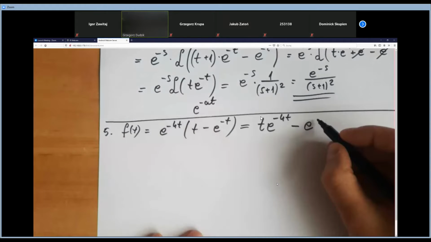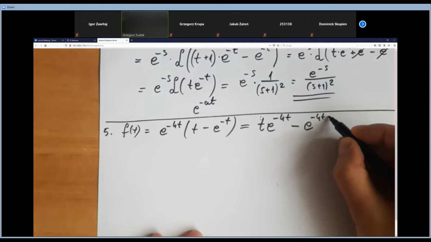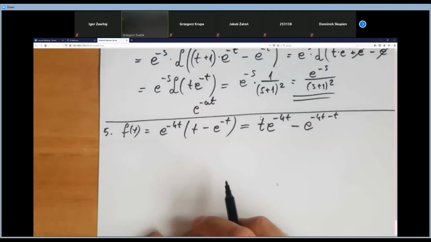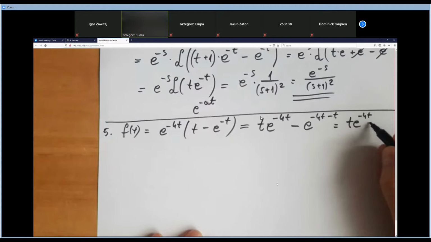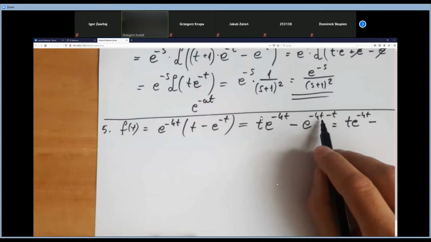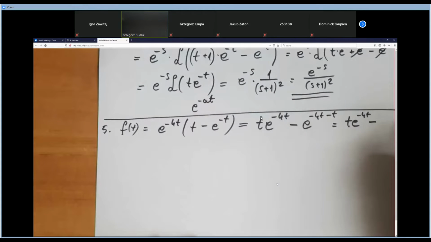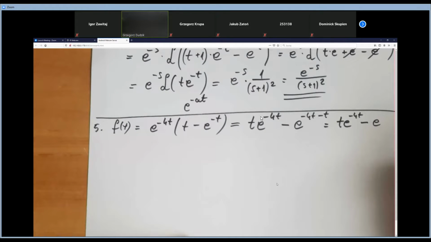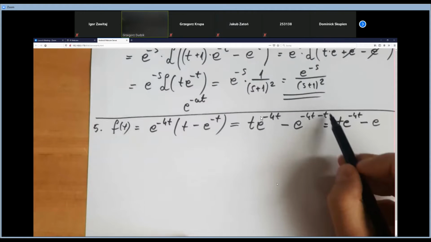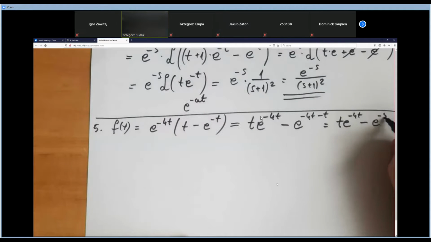So it is minus 4t minus t. This is equal to t times e to minus 4t minus e to the power of, how many is it? Negative 5t. Yeah, minus 5t, of course.